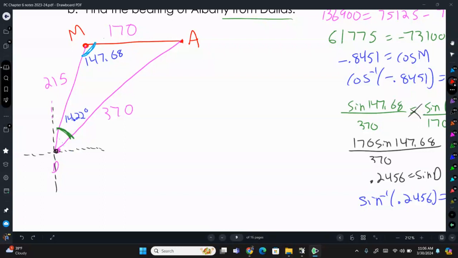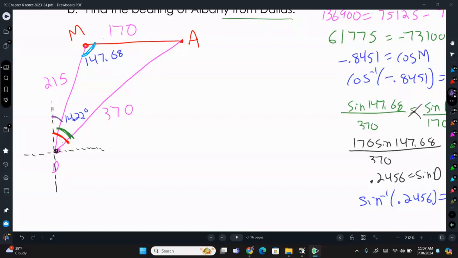So we're going from Dallas to Albany, which is going to be this whole angle right here. That's going to be my bearing from Dallas to Albany. Now from Dallas to Minneapolis, that's going to be this angle right here. Now we know that we have a corner, a 90-degree angle, and we also know that angle D is 14.22.